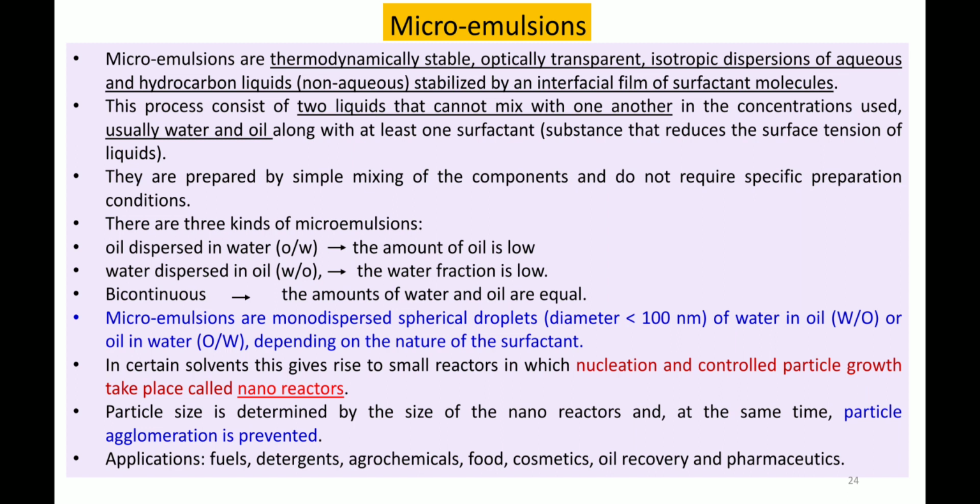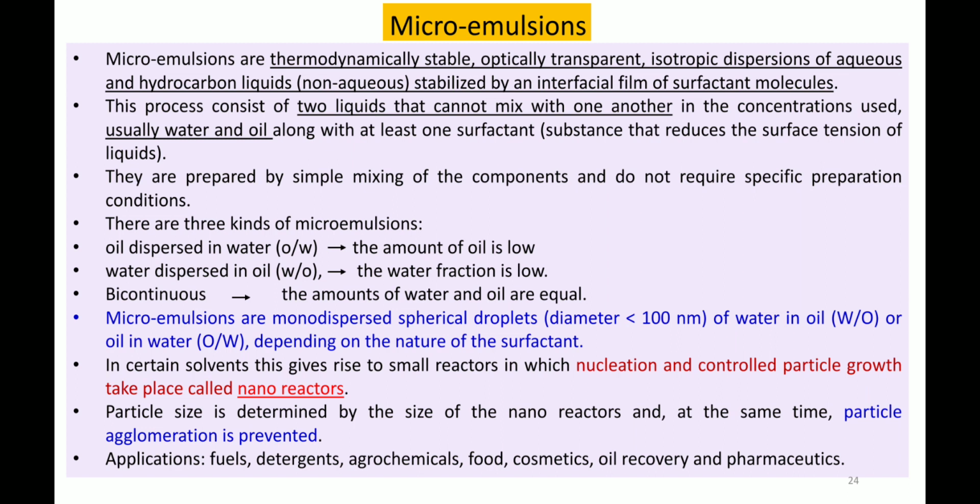The two liquids cannot mix with each other in the concentrations used. For example, water and oil. If you take water and oil and try to mix them together, then you know that after some time the water molecules and oil molecules become separate from each other.